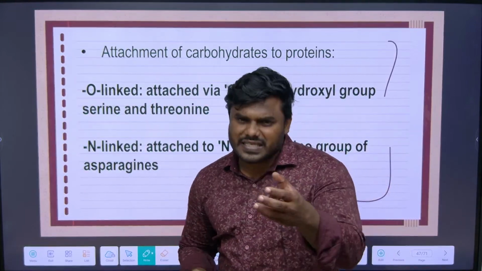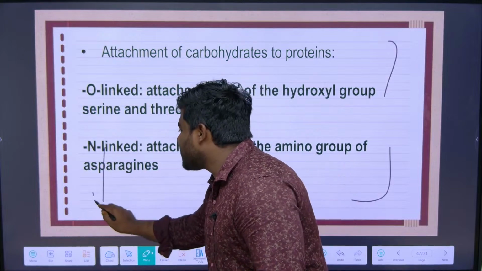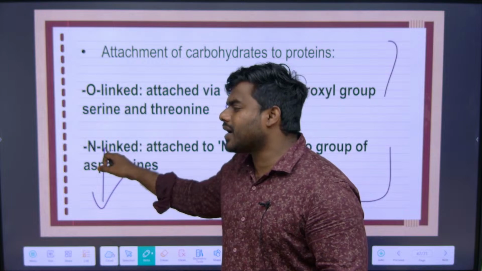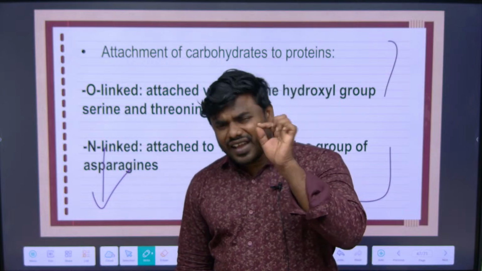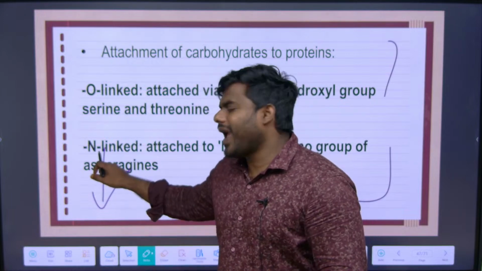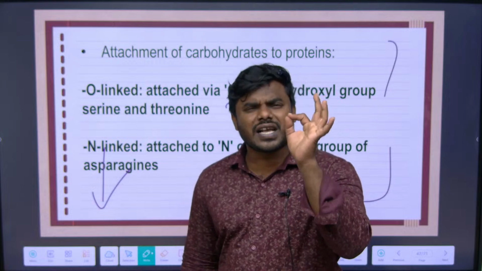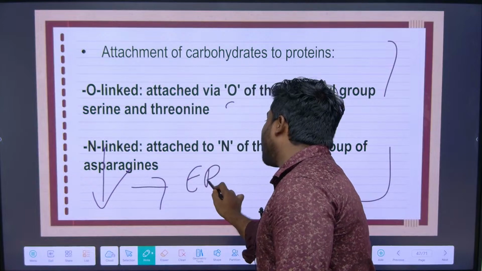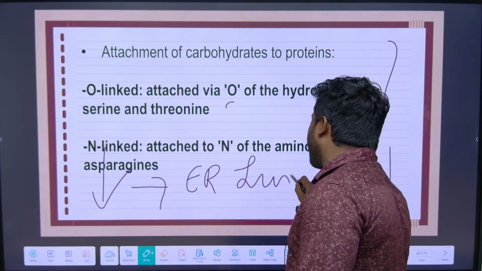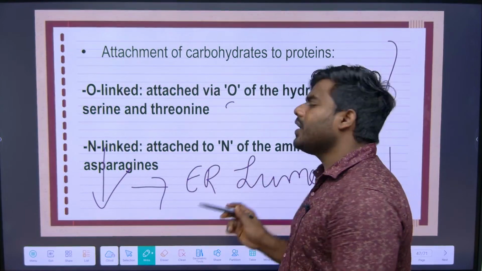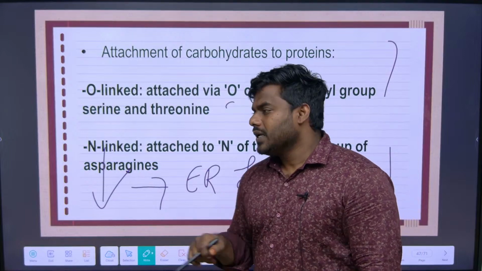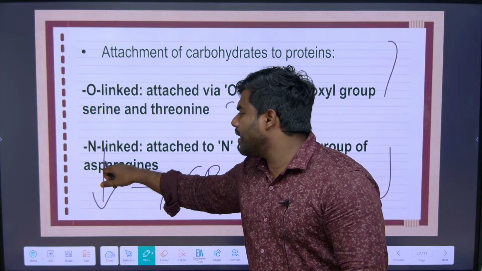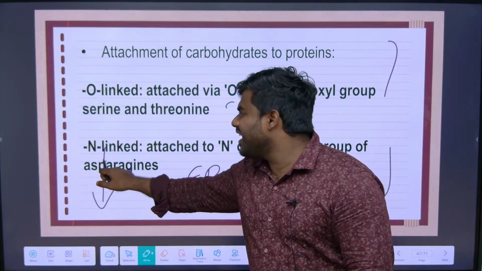A variety of questions. For example, what is the site or location of N-linked glycosylation? Every student remember the point. N-linked glycosylation exclusively takes place in the endoplasmic reticulum lumen. What is called lumen? Inner space. So at the inner space of the endoplasmic reticulum, we have N-linked glycosylation.